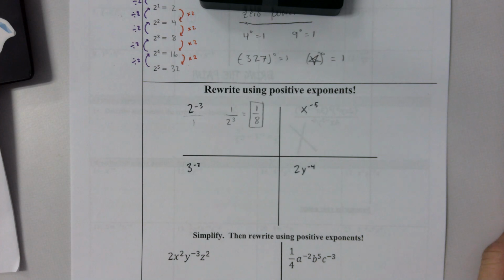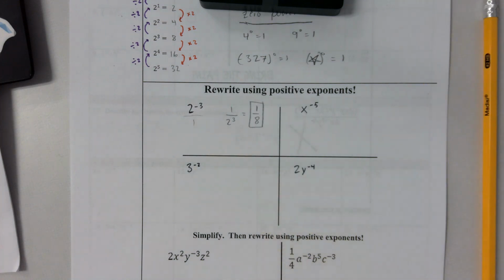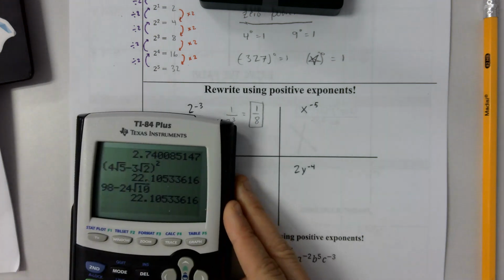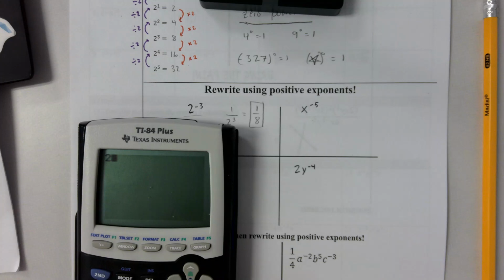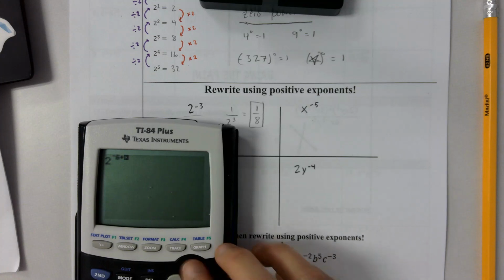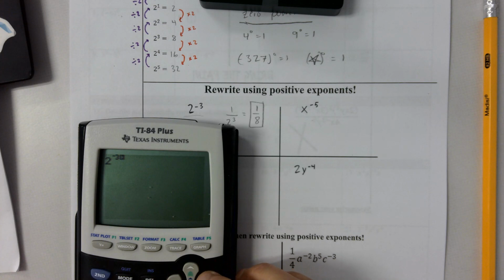So if you have a calculator, you can put this in to double check. You need to be able to do this without a calculator, but it's a good way to see if you're doing it correctly. So I have right here 2 to the power of negative 3, and it gives 0.125, which is the fraction 1/8.